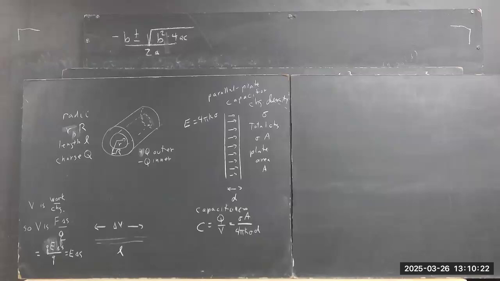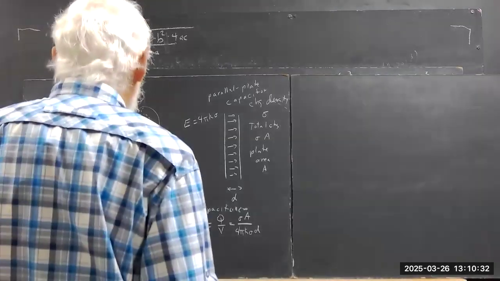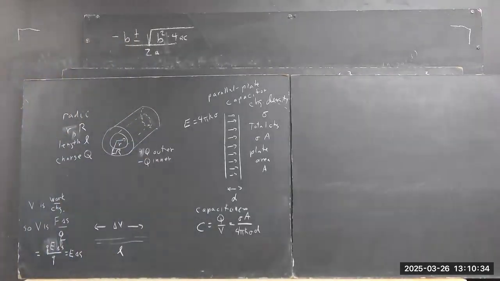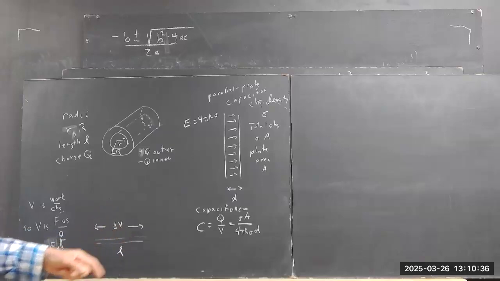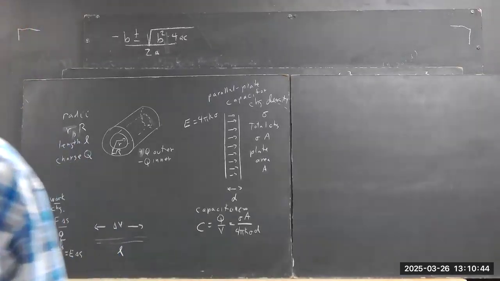What's the potential difference? I'm not going to drag that out of you because that requires a couple steps. Thinking, what can you determine from these charges using Gauss's law?